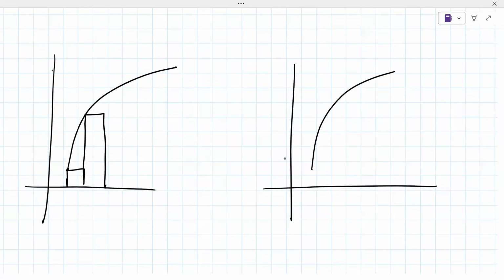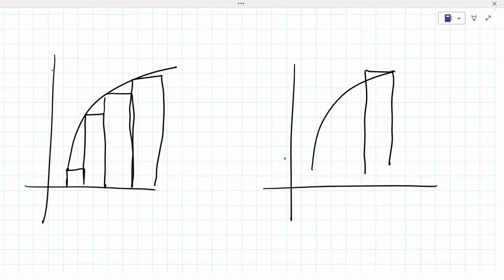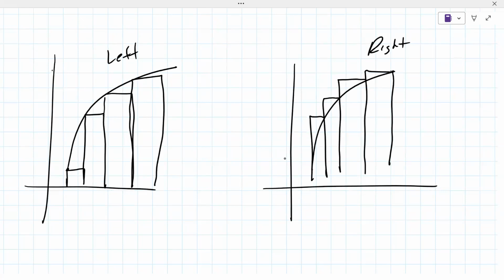It would be under, right? Yeah. And a right sum would be over. That's why you have to make sure you draw it from the right, which could be awkward if you haven't done this in a while. So this is the right, this is the left.